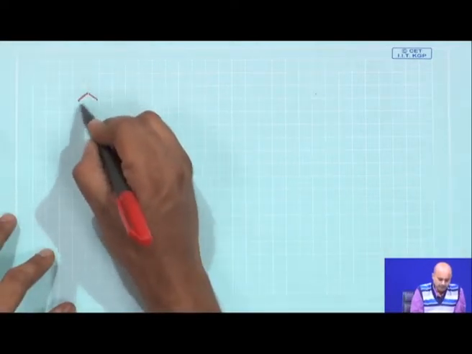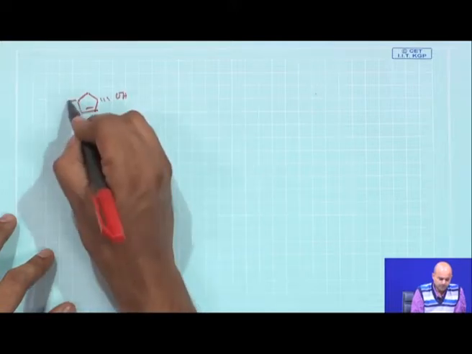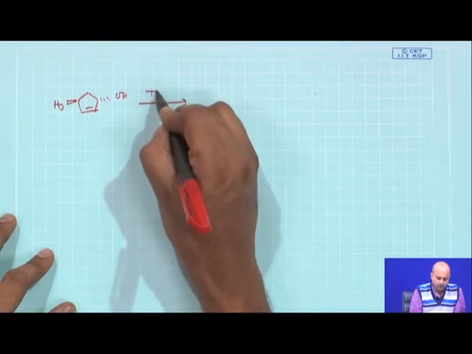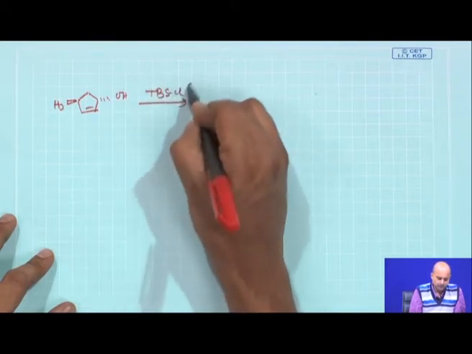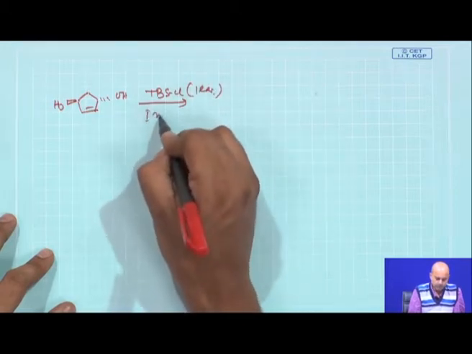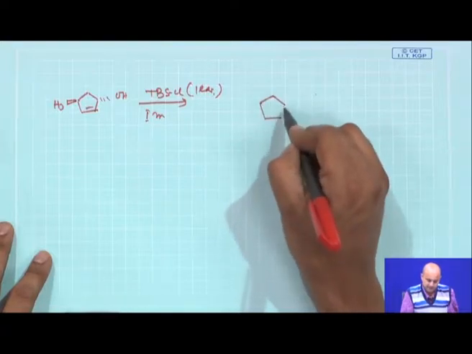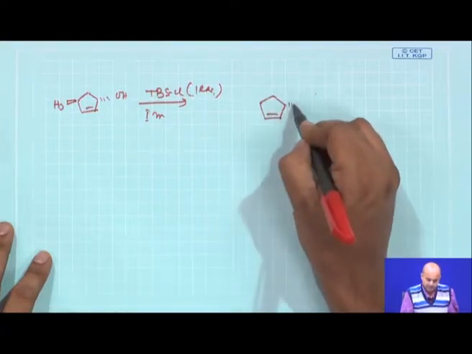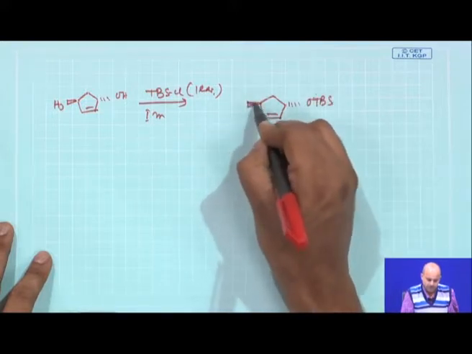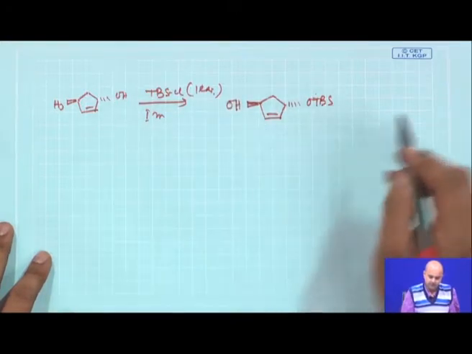you have this starting material, with this OH and this OH. You react with one equivalent of TBS chloride with imidazole. You might wonder which OH will react. Say first the right hand OH is protected.